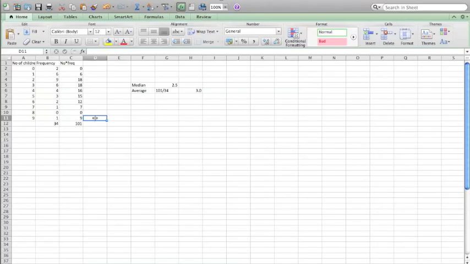Now, if we look at mode, the last one is mode, which is the most popular. Which number of children is the most popular to have? 2. Right, because if we look over here, 2 over there, that's by far the most popular number of children to have. So that's the difference between mode, median, and mean.